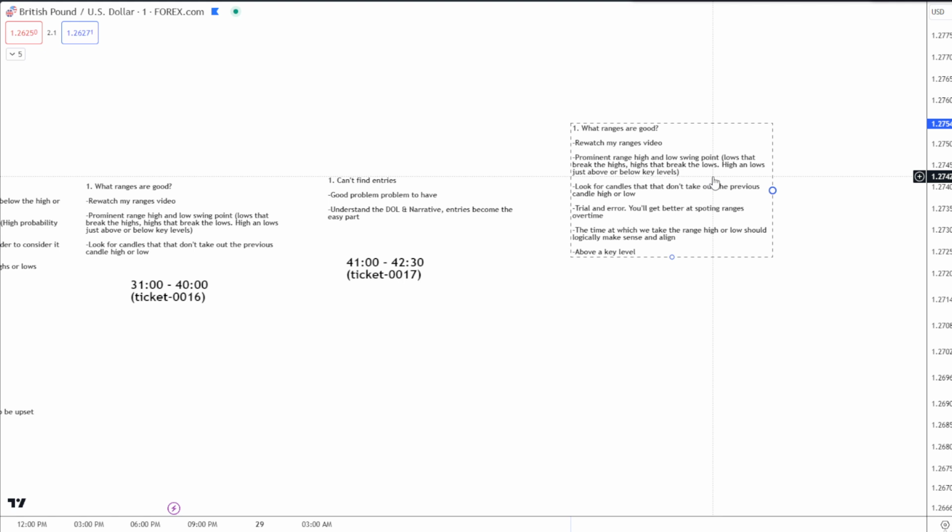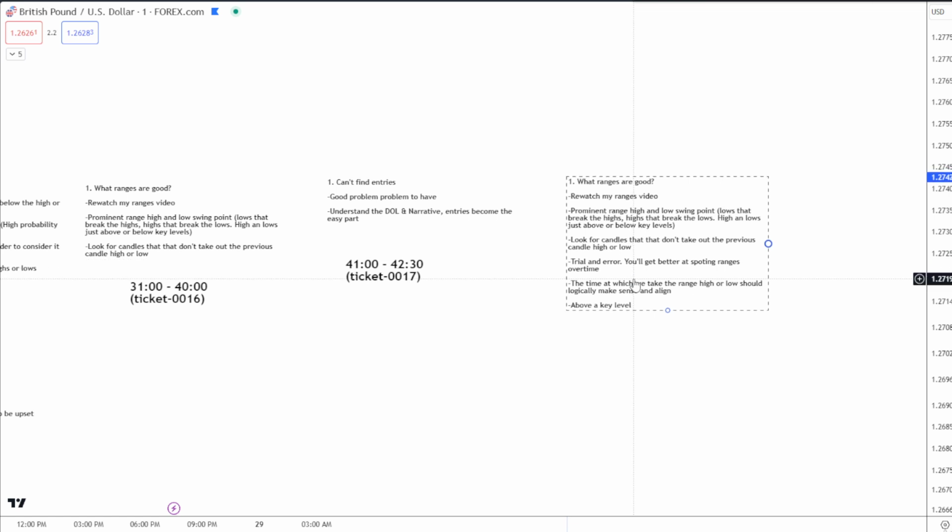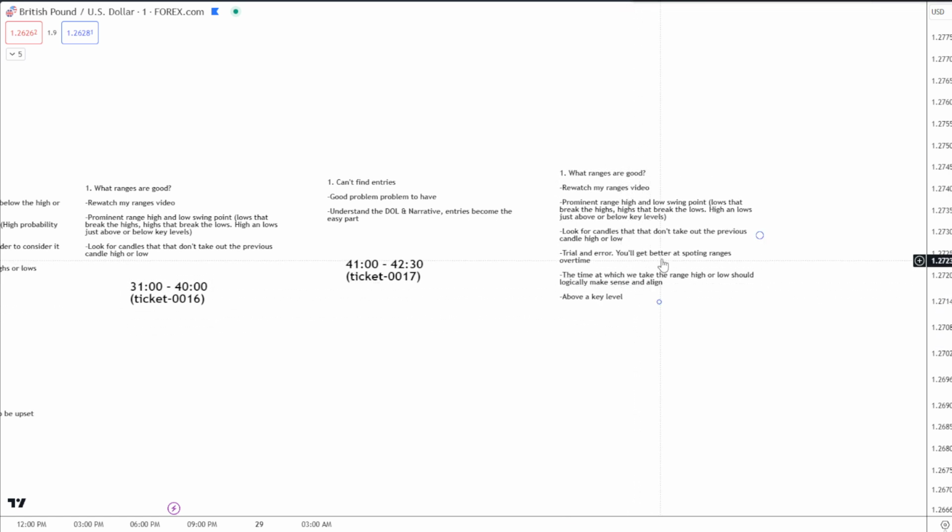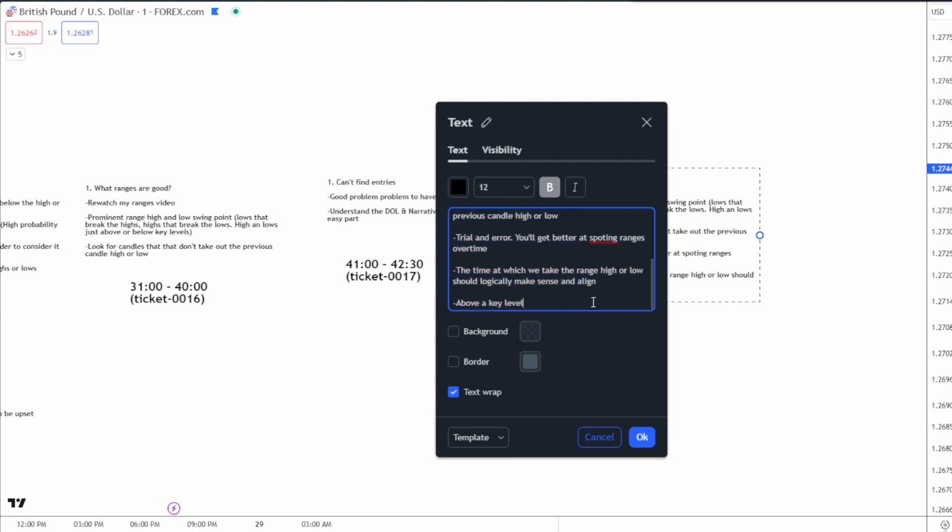So if you're not 100% sure about buying below a range low, you should be 100% sure to never sell below a range low, okay? And vice versa for buying above a range high. You never want to do that. So even if you aren't 100% sure, at least don't be selling there. You won't make money, but at least you'll save money.